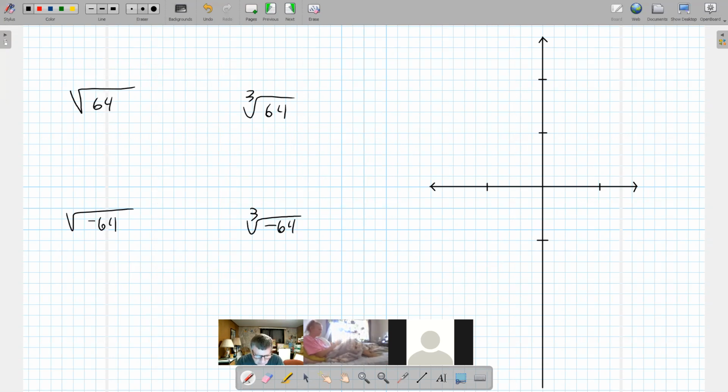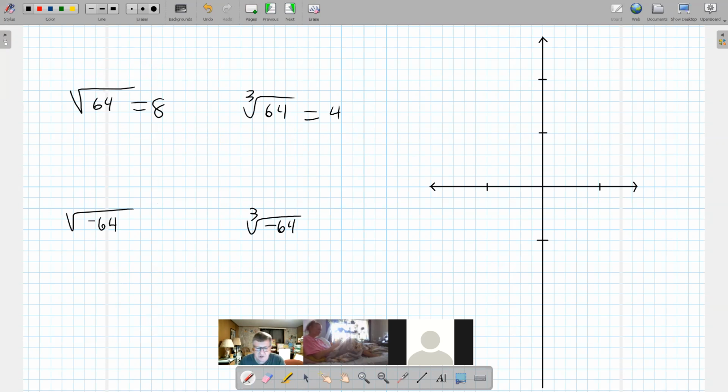So what's the square root of 64? Anybody? Nobody wants to play? Okay. 8. What's the cube root of 64? Is it 8? No, it's 4. 4 times 4 is 16 times 4 is 64.